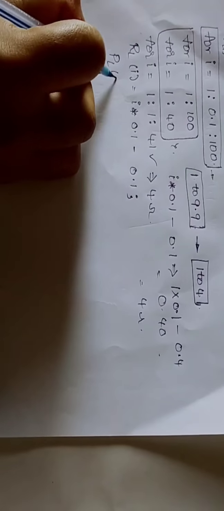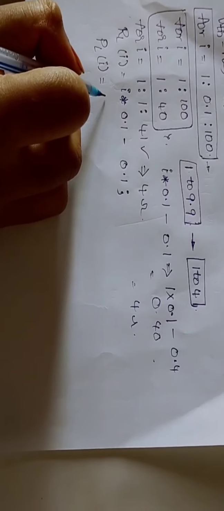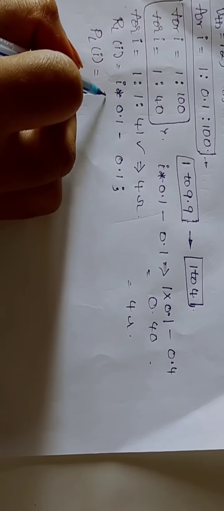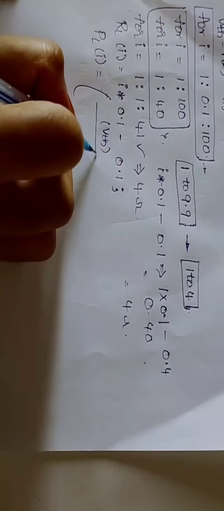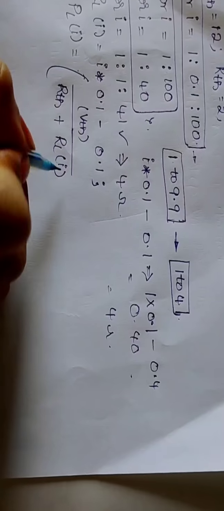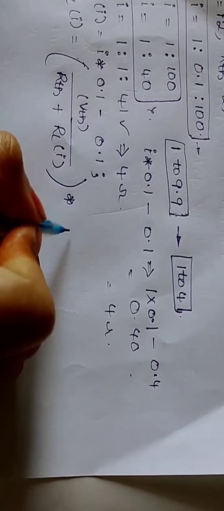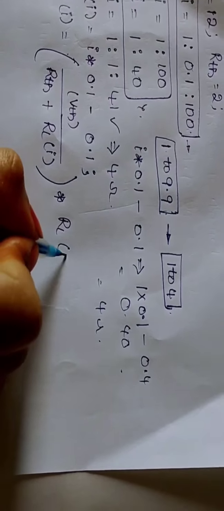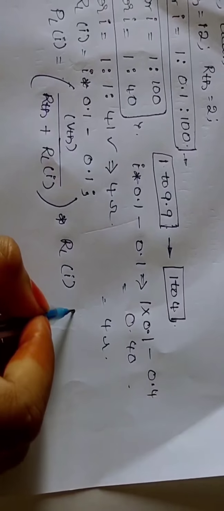Then PL of I equals the formula we already know: VThevenin by RThevenin plus RL of I, squared, into RL of I. Semicolon must be there, and we write end.